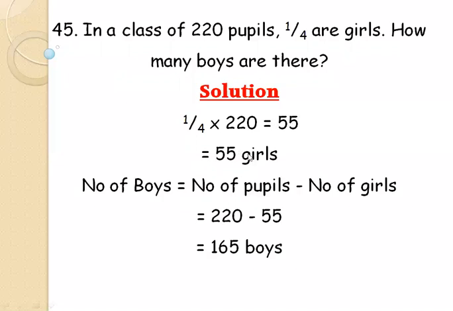So if I have 55 girls, to know the number of boys, I would say the number of pupils minus the number of girls. I have 220 pupils. I have 55 girls. 220 minus 55 is 165. So I have 165 boys in the class. If I say 165 plus 55, it gives me 220. So that means this is the answer.